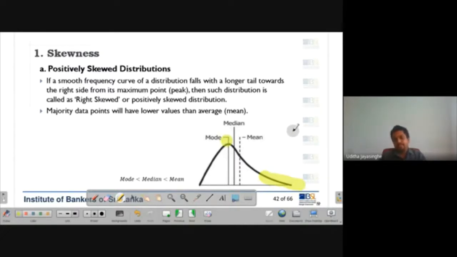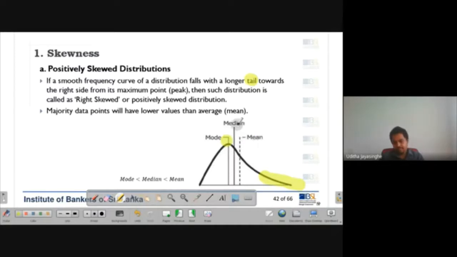In skewness, students, typically we are discussing the longer tail. Obviously now you can guess, the negatively skewed distribution should be the opposite side, which is perfectly correct. If the tail goes towards the left-hand side from the peak, then such a distribution is the negatively skewed distribution.